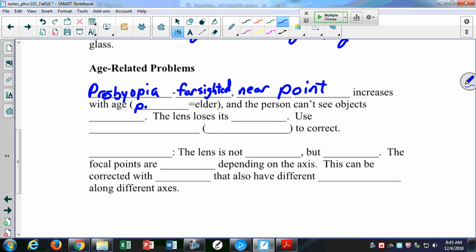So as I said, presby, that's equal to elder. And the person can't see objects that are nearby. They're farsighted. But not because of their eyeball. The lens loses its flexibility, its elasticity.